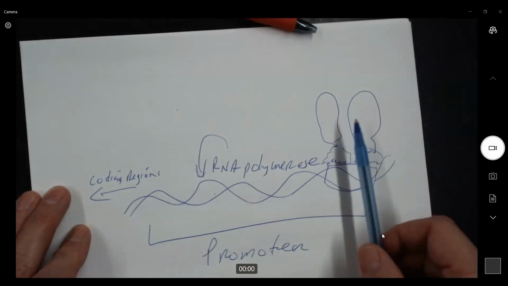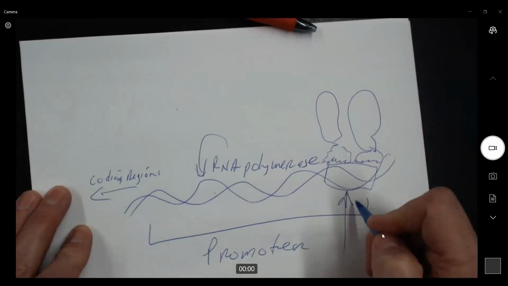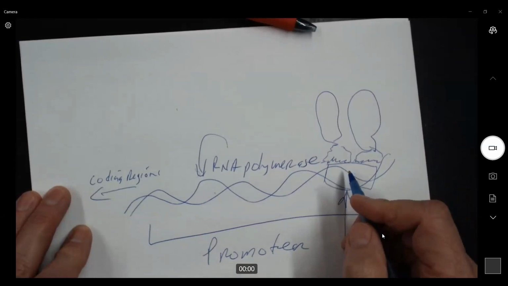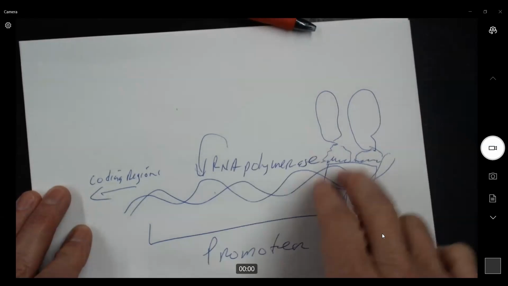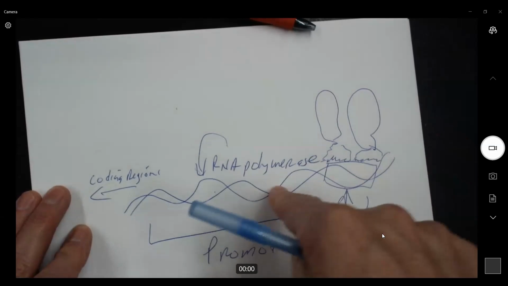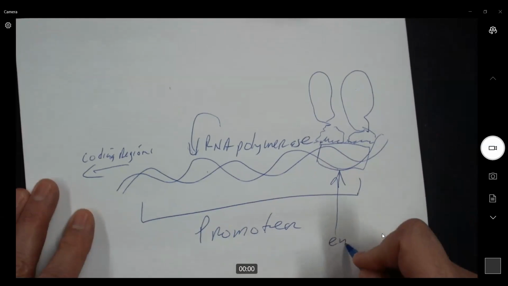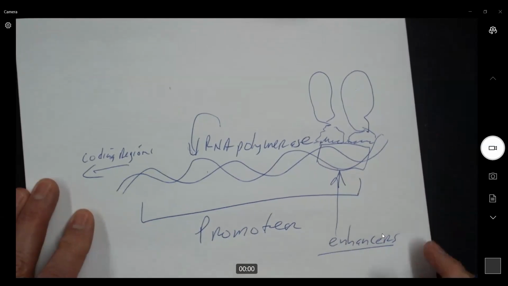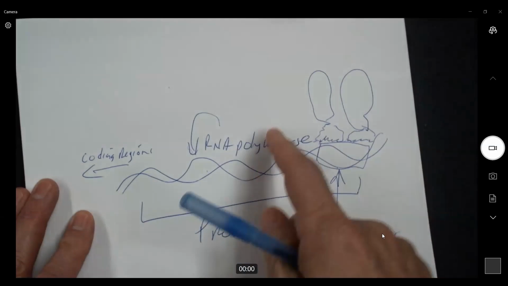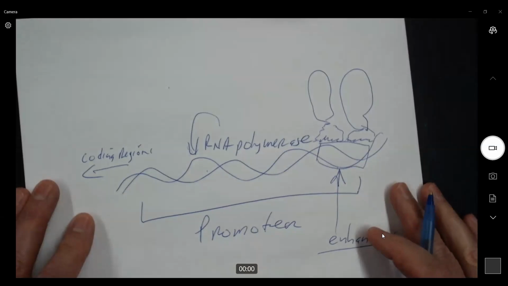So these transcription factors bind to specific sites, and those sites are typically sites that can work in either orientation, or they can work regardless of where you put them, so they are known as enhancers, because they enhance the capacity of RNA polymerase to bind and initiate transcription.